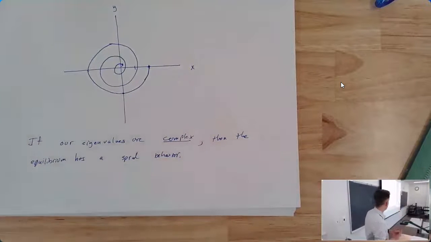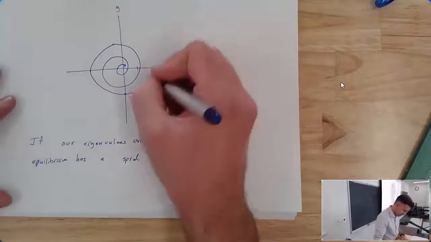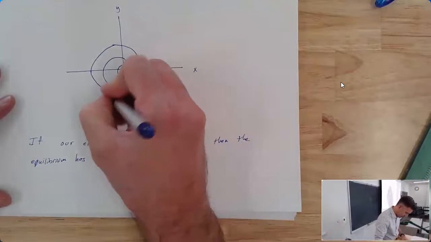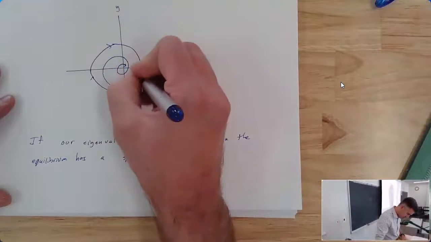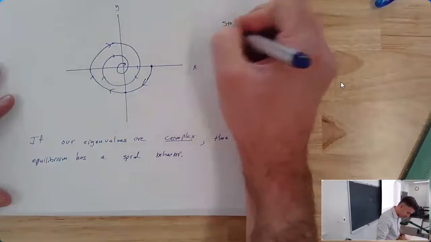And in this case, it's a stable spiral because as time goes on, we move towards the equilibrium. So in this example, we're going inward. This is a stable spiral.